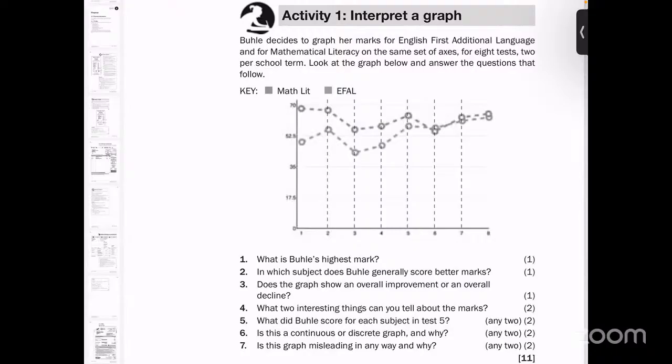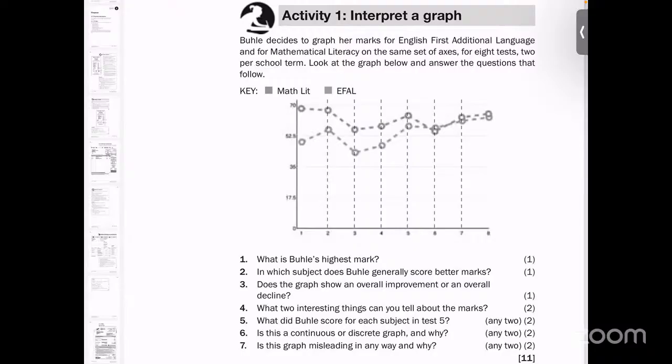So what I'm going to do is read through that given statement, then go through that given graph and browse through the questions. I'm just hoping that me browsing through those questions will guide you in terms of how you would answer questions related to the given statement and the graph itself.